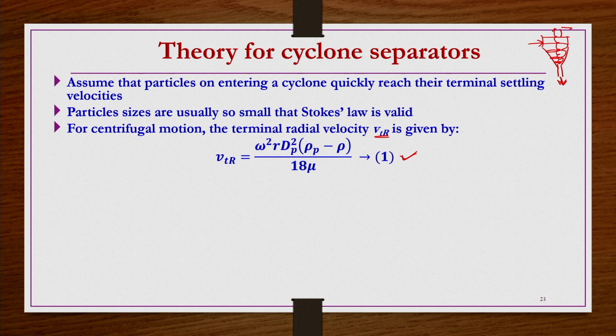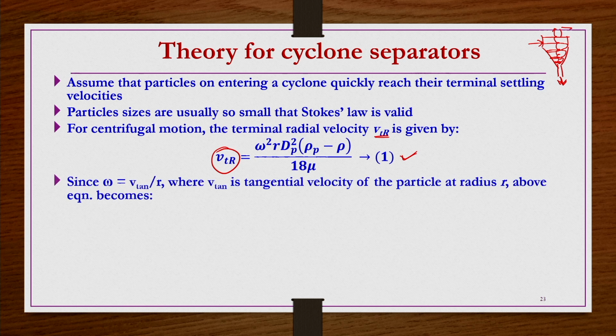So, the settling velocity of a particle in a centrifugal field under the Stokes regime is VTR; previously we wrote it as UTC. It is R omega square dp square (rho p minus rho) by 18 mu, and we know that the tangential velocity V tan is R omega.